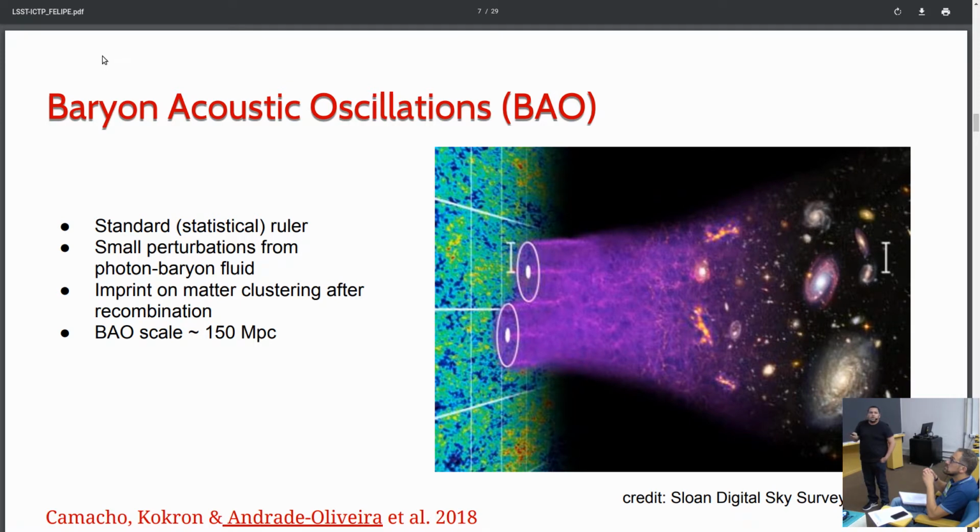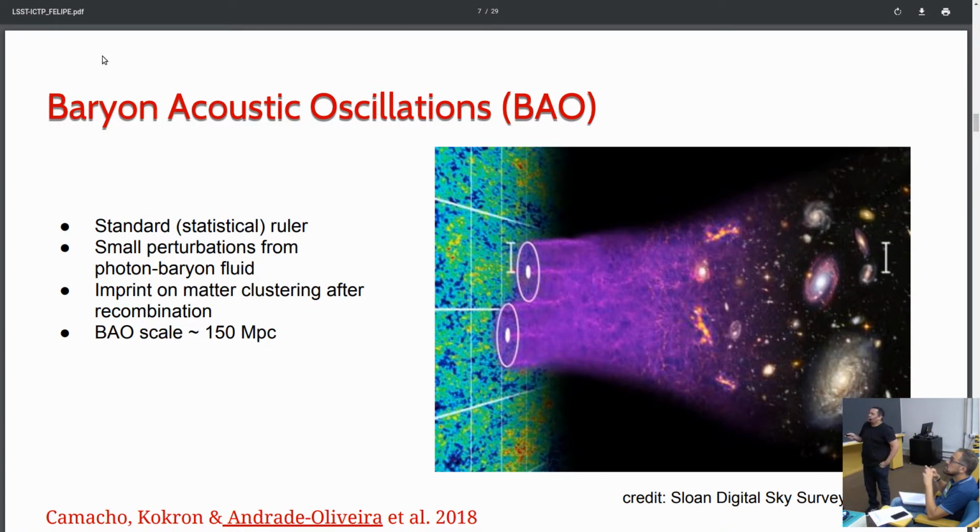Here we will talk about baryon acoustic oscillations. That is the main subject of our work in the last year. So BAO, for those new in the field, is a standard statistical ruler. We can take the BAO and measure some distance.